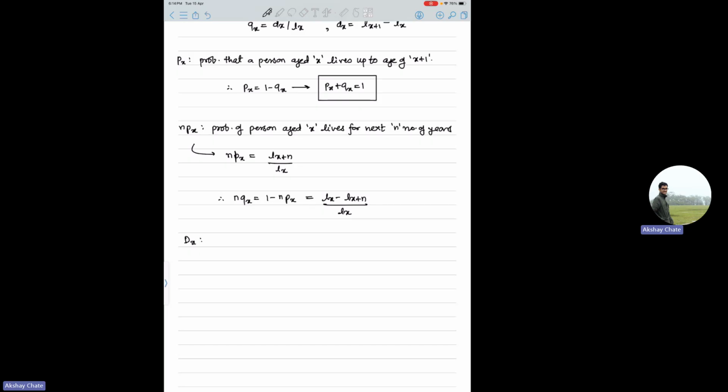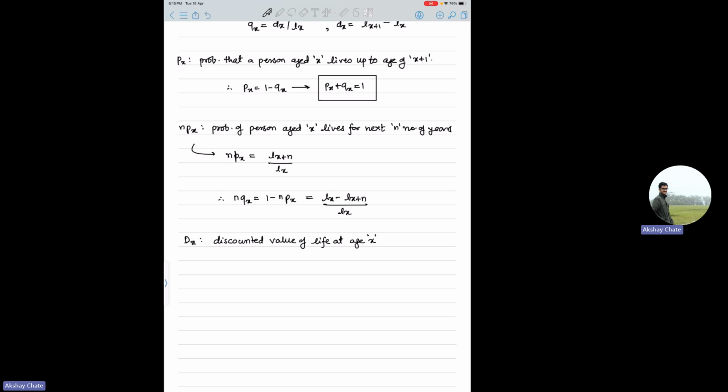So after qx the next column is capital Dx. That is called the discounted value of life at age x. That is why this is capital D. That means if you consider the present value of $1 or 1 rupee payable at death, discounted at 5% per person alive at age x.